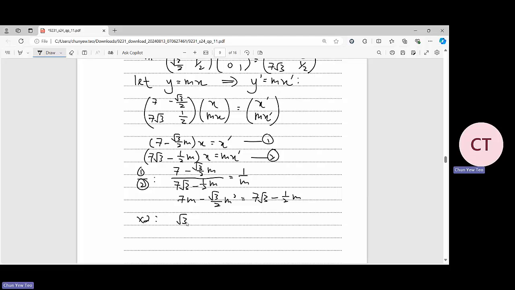You get 3m squared, 1 minus 7, 1 minus 14, negative 13m, then plus the 14 root 3. Okay, so this is the equation that we have, a quadratic equation. You can use the quadratic formula to find the m, or we can factorize it in such a way.